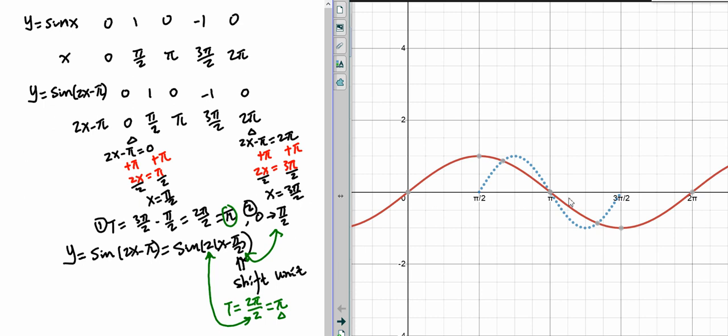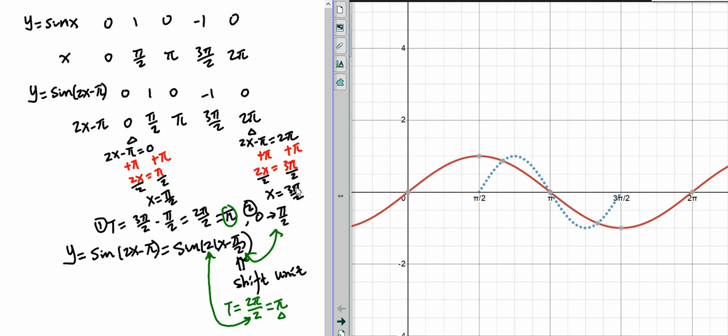That basically says that previously we have the point 2 pi, 0. Now we require x to be 3 pi over 2. Then we plug in here. We should have a 2 pi.